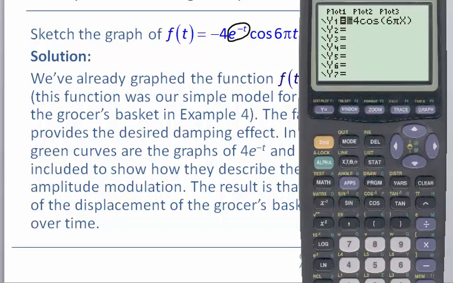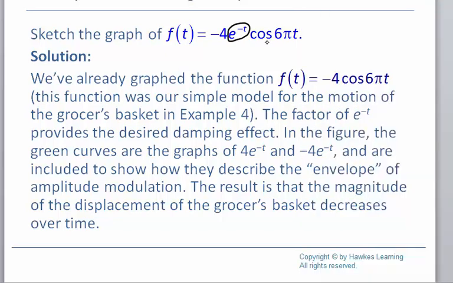And so the reason that they did that is because that factor of e to the negative t provides that damping effect. Okay, so it says that right here, that the reason that they did it is because that is going to damp out the graph, which means that that slows down that oscillation.